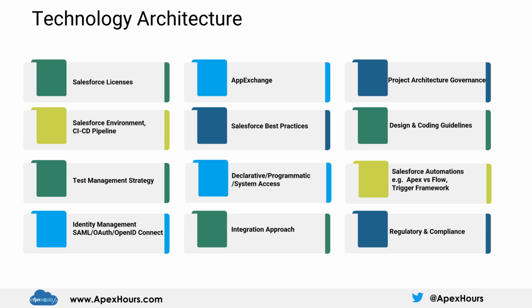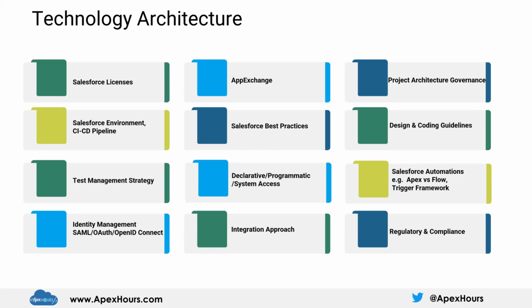Most of the crux for Salesforce lies around declarative versus programmatic and system access, and with the Salesforce automation that we have: flow, approval flow, Apex versus flow, trigger framework. Nowadays we also have a flow framework in place. So how are those things going to work?